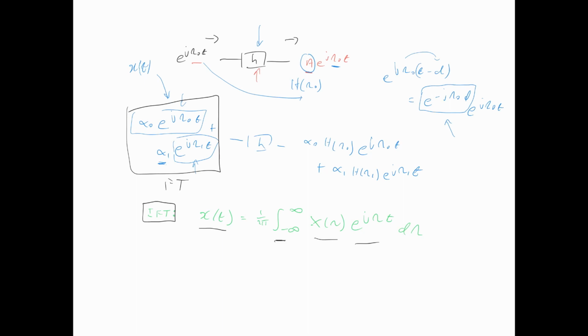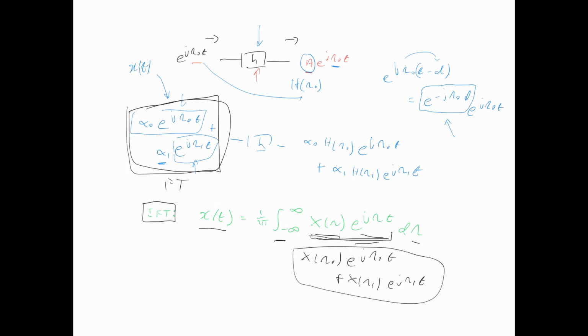The integral here is just an infinite sum, and we can have a look at this term in here and compare it to what we did up here, and intuitively we see that in here, if omega is equal to omega naught, I get my x of omega naught times e to the j omega naught t, and when my omega is equal to omega 1, I get my x of omega 1 e to the j omega 1 t, and so forth. And if we compare this with what we did earlier, we see that this is just my alpha naught, and this is just my alpha 1.